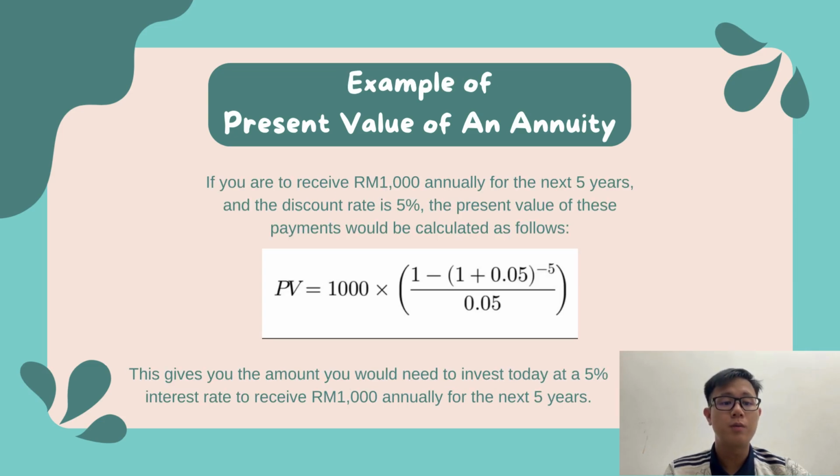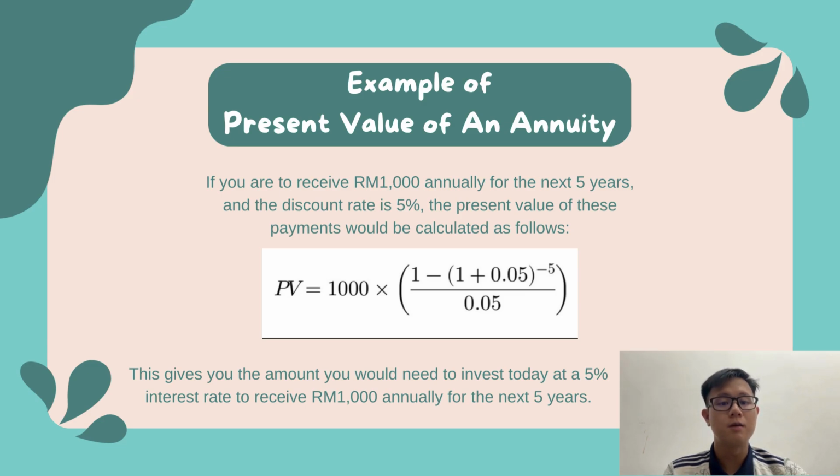And now, we will be moving on to the example question. Say, if you are to receive 1,000 ringgit annually for the next 5 years, and the discount rate is 5%, the present value of these payments would be calculated as follows. So here, PV equals the payment amount per period, which is 1,000 ringgit.